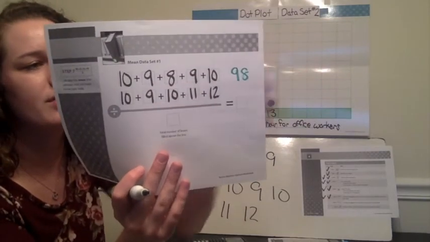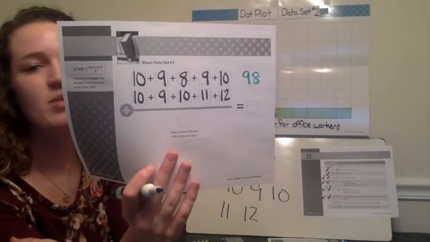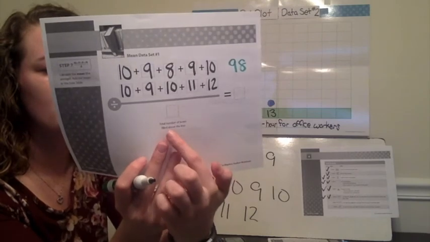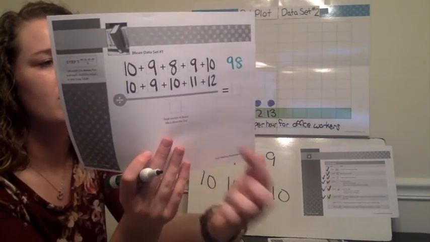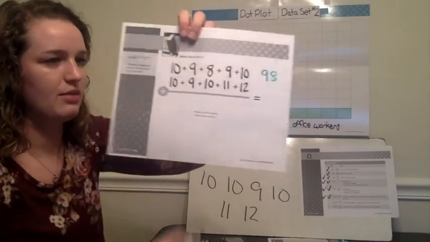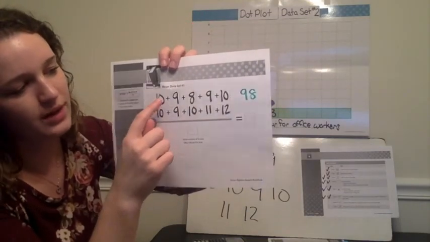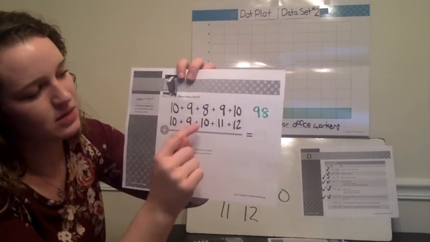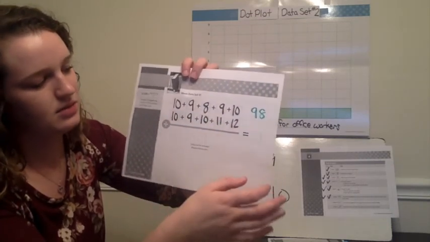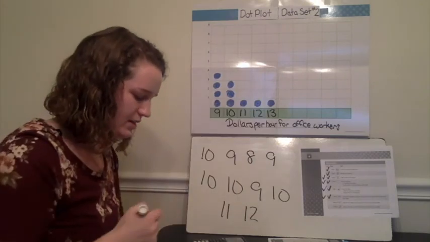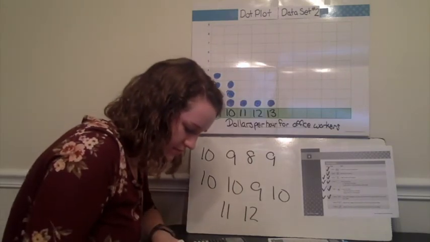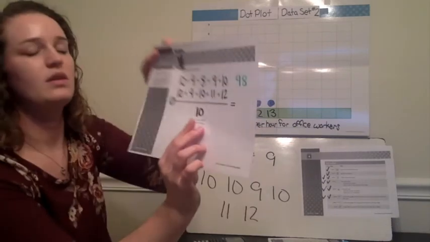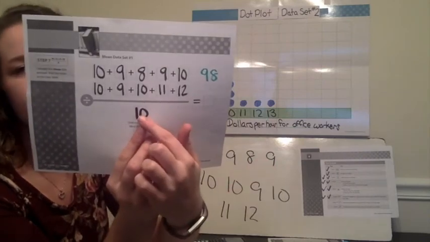So I just wrote mine right off to the side, just so I remember. Okay? And now we have to figure out the total number of numbers that we have. So we're going to count how many numbers we have. So we have 1, 2, 3, 4, 5, 6, 7, 8, 9, 10. So we're going to write 10 right at the bottom. 10, okay?